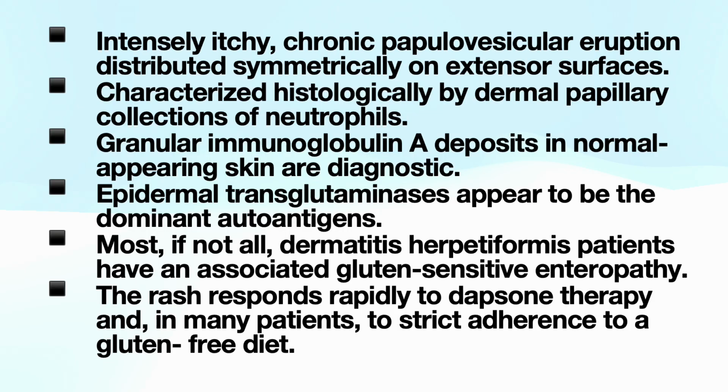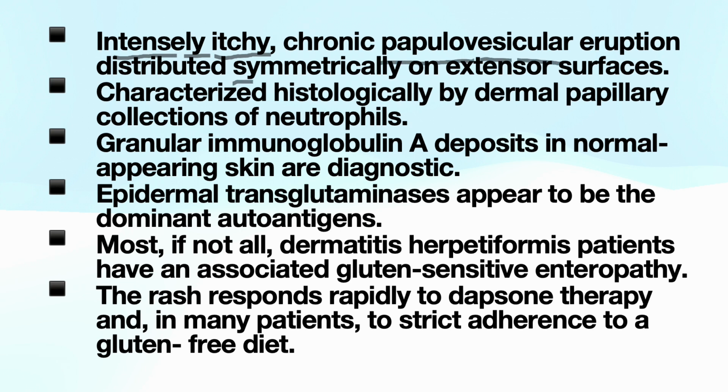Sometimes if your day is not good, you may get this kind of pathology pictures also. They have asked in MRCP. I am not telling this to scare you or anything. This is a picture of linear IgA deposits. There will be IgA deposits. And about dermatitis herpetiformis, there are certain bullet points you guys should know. It is an intensely itchy rash and papillovesicular eruption.